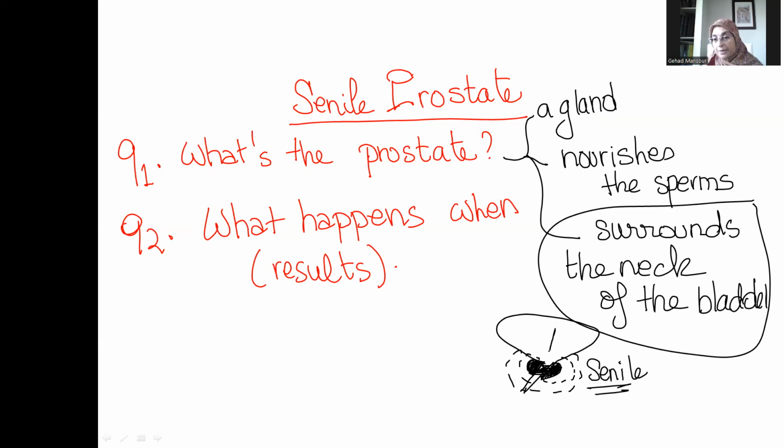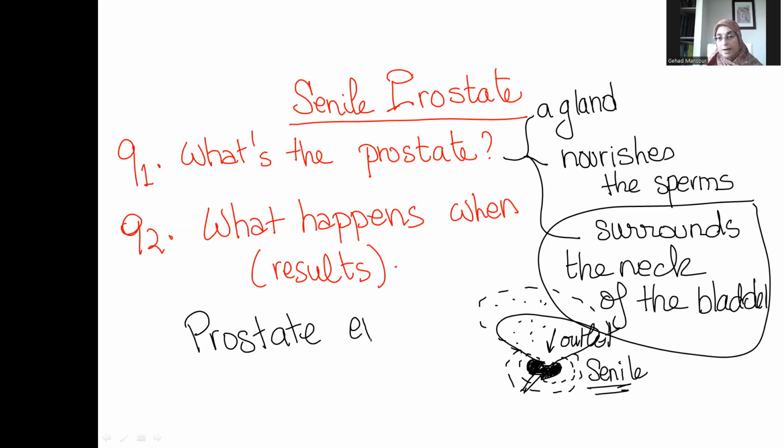And if it compresses the urethra, then it is compressing the outlet of the urinary bladder. So the urinary bladder starts distending with urine. However, the patient cannot evacuate the urine. So question number 2 is, what happens when the prostate enlarges during old age?